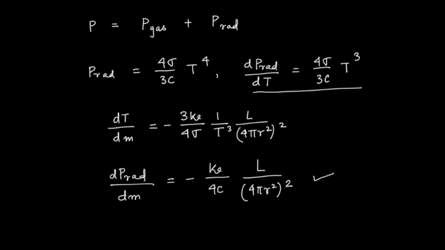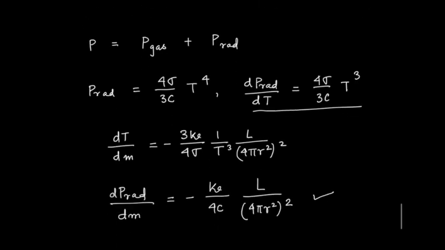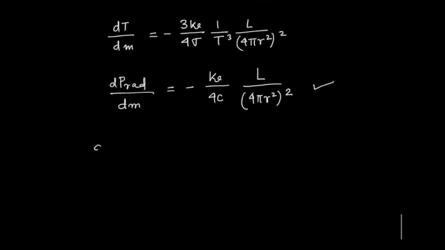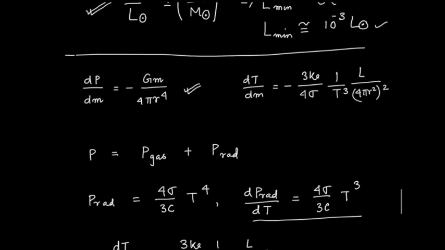And this is dP radiation in terms of dm, and this is total pressure in terms of dm. So I can write d total pressure, dP radiation, let's write this with respect to dP. This I can figure out. I have to just divide this expression from the hydrostatic equilibrium expression.